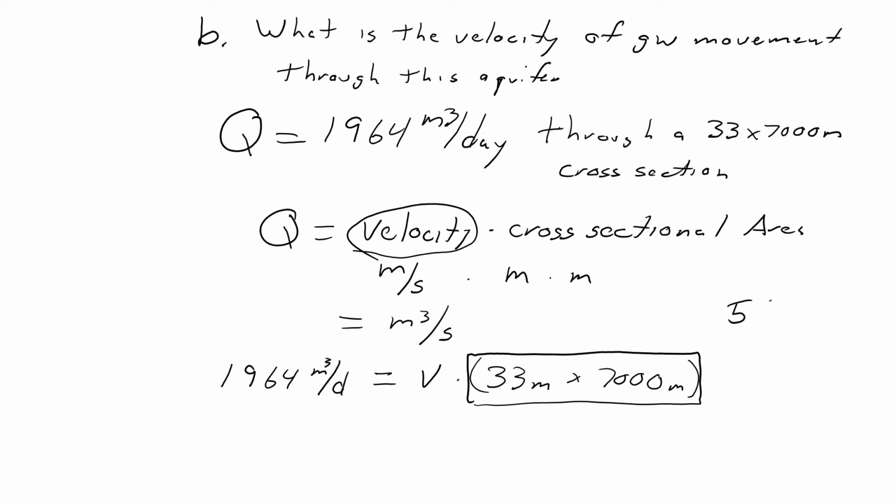And remember, I gave you a value earlier that we didn't actually use in the previous problem, that the effective porosity was 5%. So the water can only effectively move through 5% of this cross-sectional area. So we need to make an adjustment for that. So we have our 1,964 meters cubed per day.